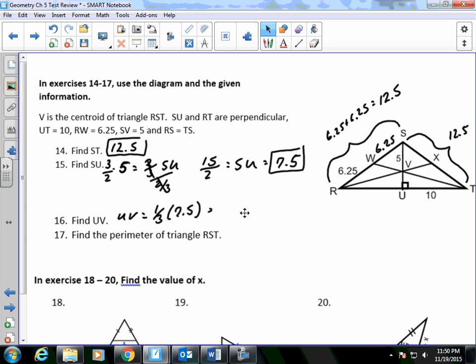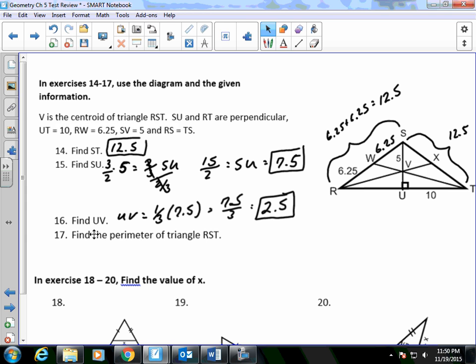That would be 7.5/3. Divide that out, and we're going to get 2.5 for VU, which we could have also gotten by looking at SV being 5 and SU being 7.5. We could have subtracted 5 from 7.5, which would still give us 2.5 there.